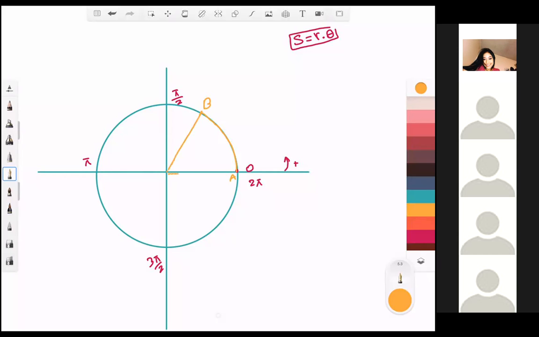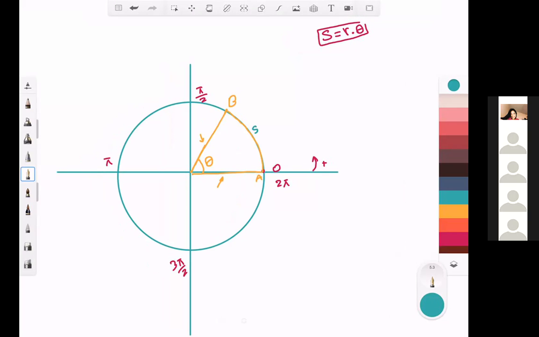This is the initial side, correct? That's the terminal side, and this makes a theta here. And if you want to find this arc S, it will be R multiplied by theta. That's what we learned.